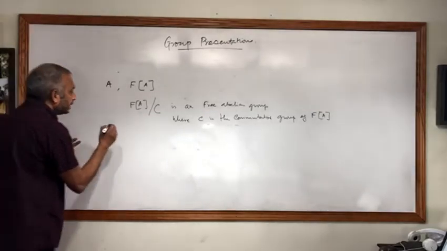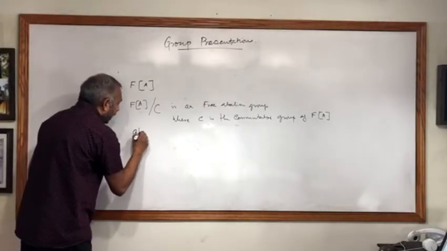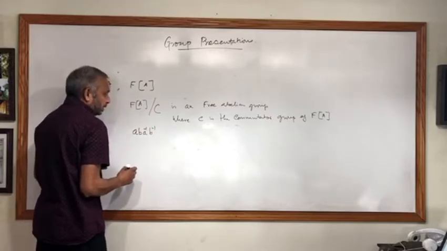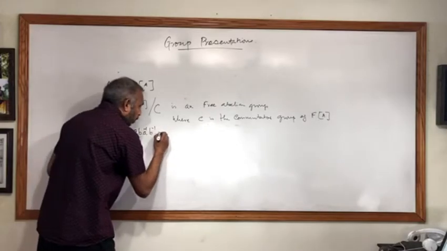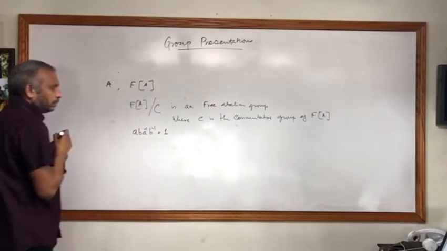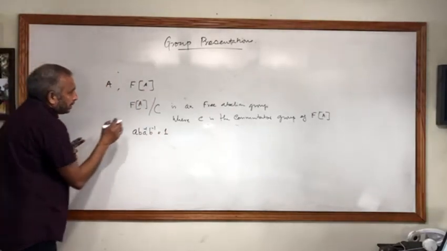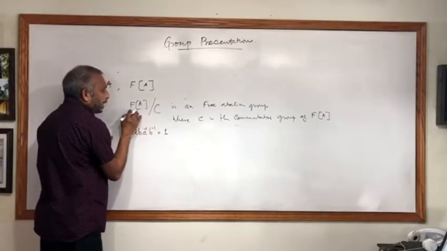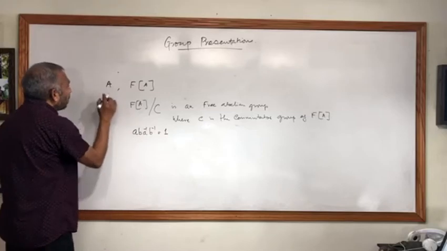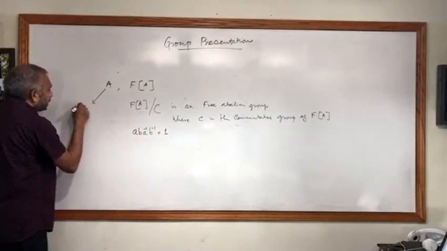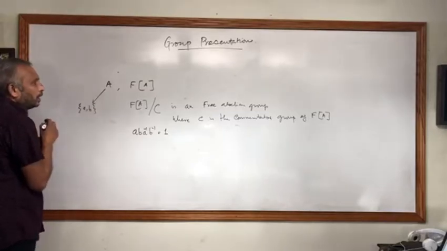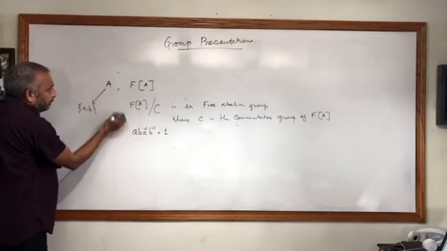And that condition is actually A B A inverse B inverse is equal to 1. Because the commutator subgroup of F of A, well, I'm going to assume that A contains only 2 elements, just for the sake of simplicity.